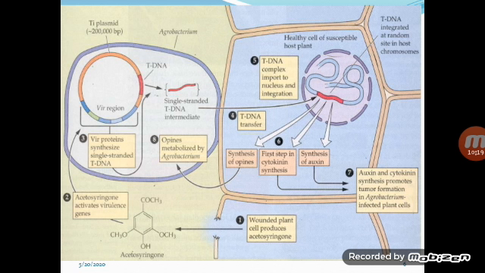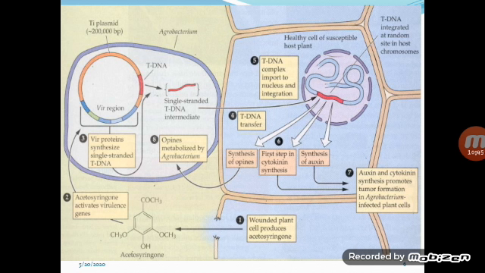When tDNA integrates into the chromosome, the genes which are present in tDNA start to show their expression, like we have discussed already. Auxin, cytokinin and opine related genes are present in tDNA.